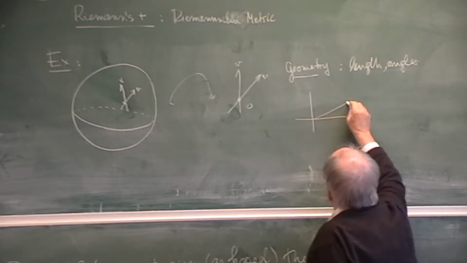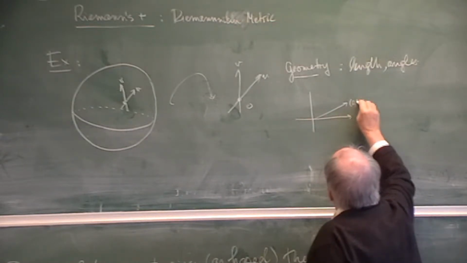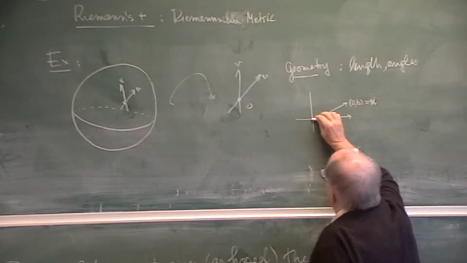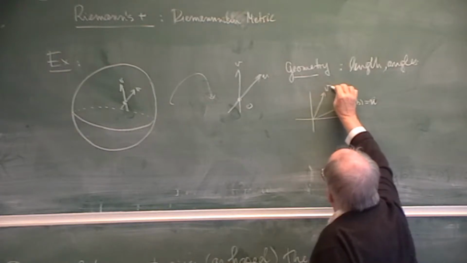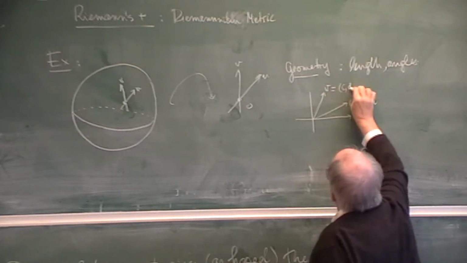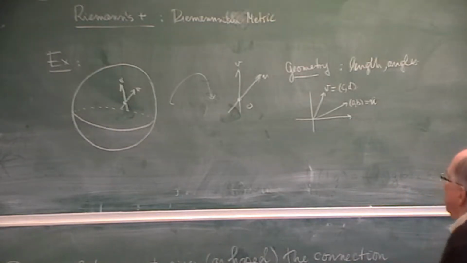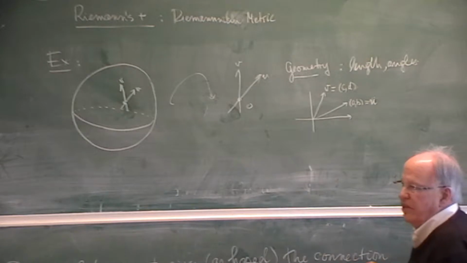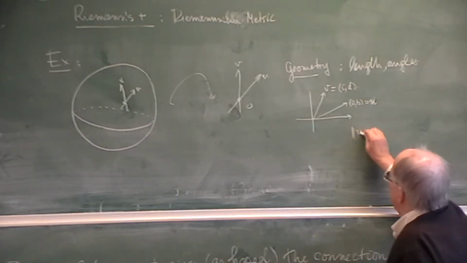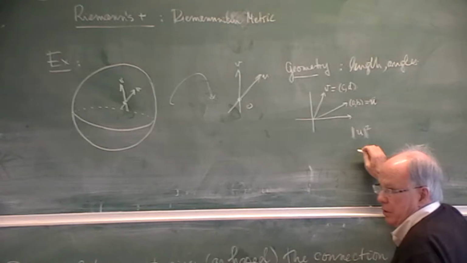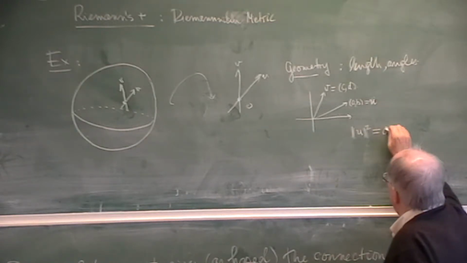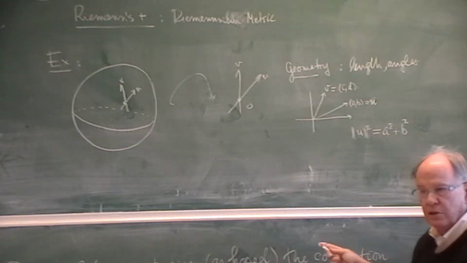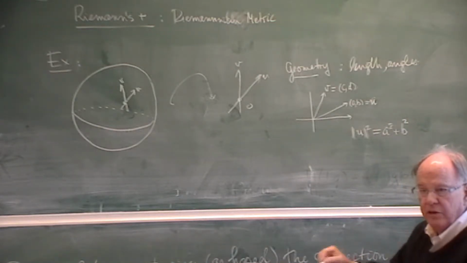U is AB, that's u, and v, I'll try to draw it in the same way, v is CD. Right? And then somebody tells you, well, the length squared, square is better than not squared, right? So the length squared of u is a squared plus b squared, right? I always like to square because the square root has a singularity at the origin.